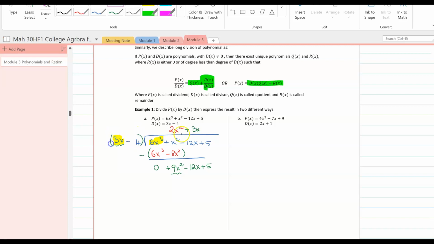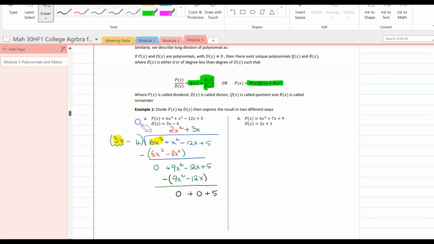The next step is to multiply 3x back, so we get 9x squared minus 12x. Then subtract. That gets 0 plus 0, and we bring down the 5.